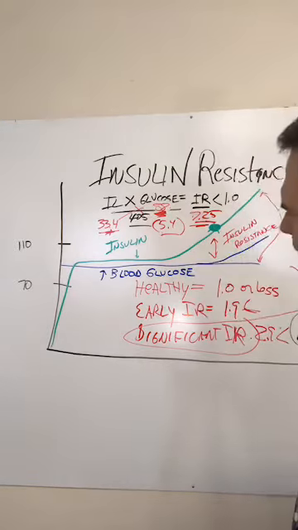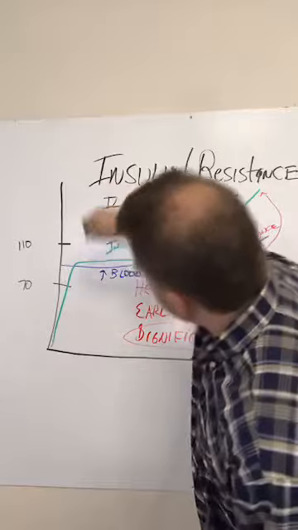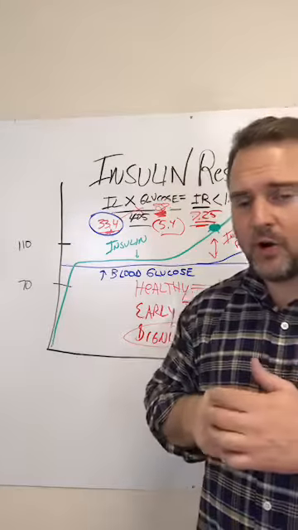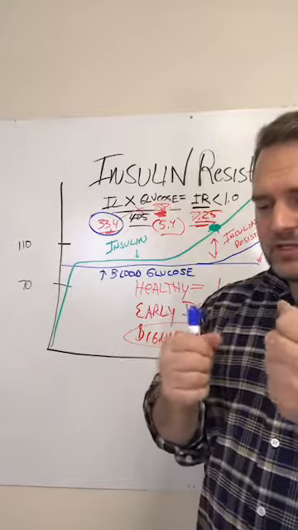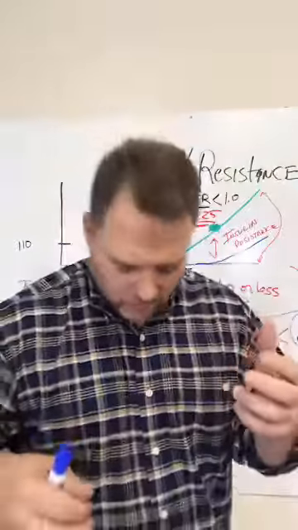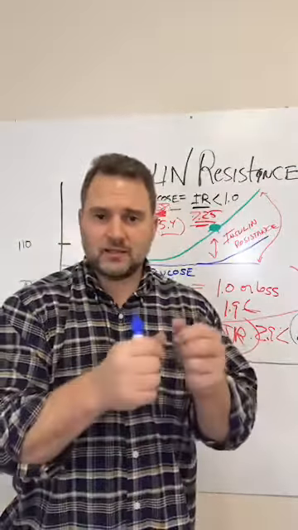So when insulin's effects are real high, when we have all of this insulin, this is a major problem. Part of the problem is insulin is a very powerful anabolic hormone. What it's essentially doing is storage constantly.